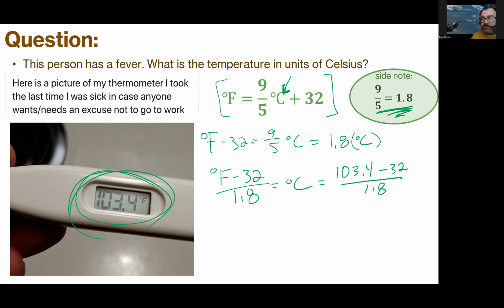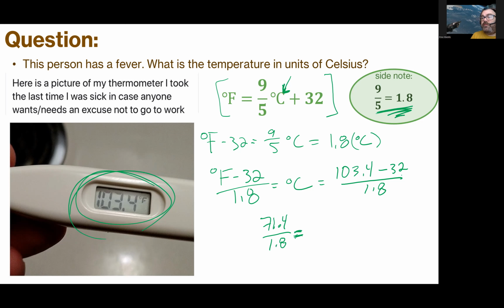At a bare minimum, I want you to write the equation, plug the numbers in there, and then show me the answer. However much work you show besides that is up to you. I'm showing a lot of work here so you can see what I'm doing as I do it.